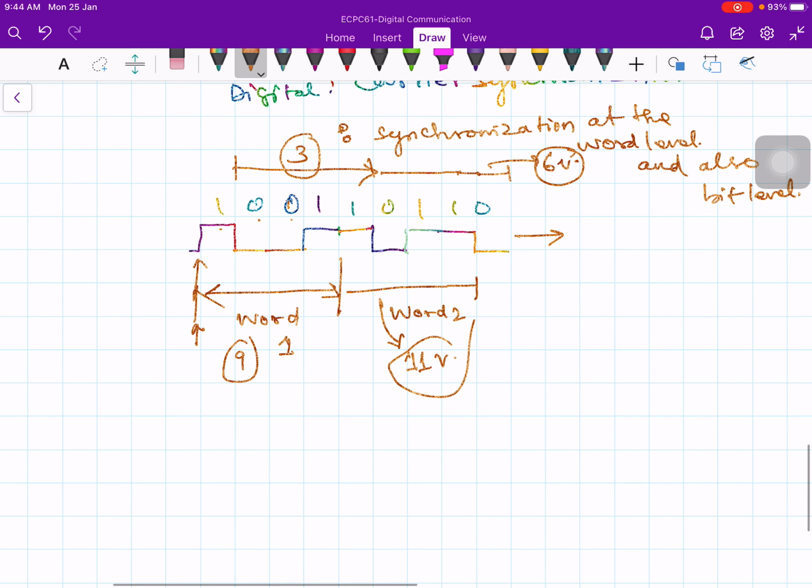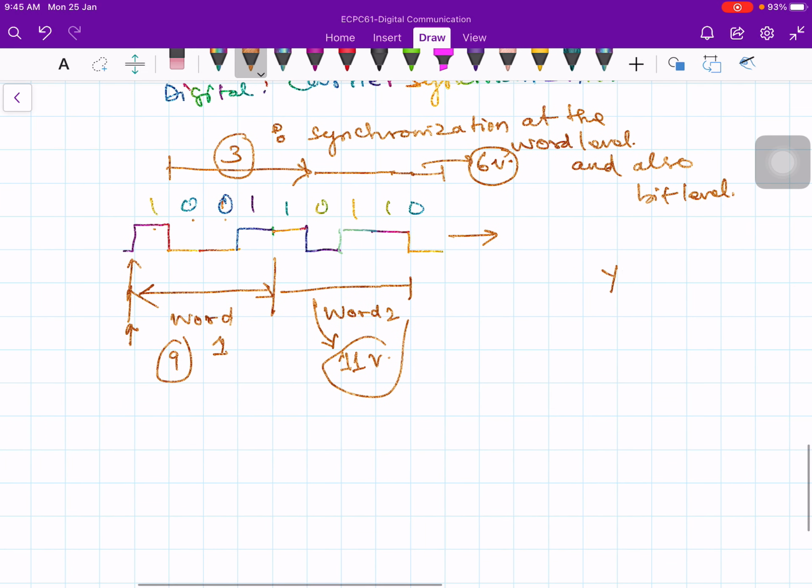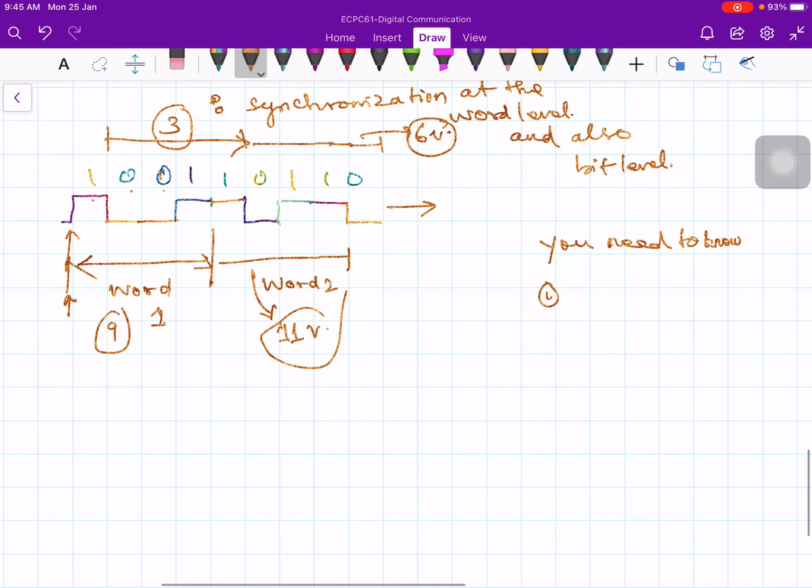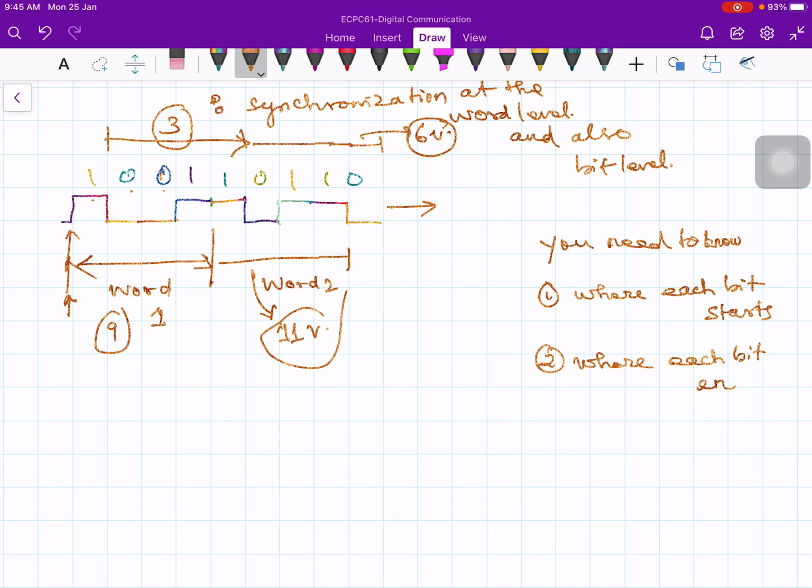Okay, so you need to know, this is an important point, you need to know where each bit starts and where each bit ends.